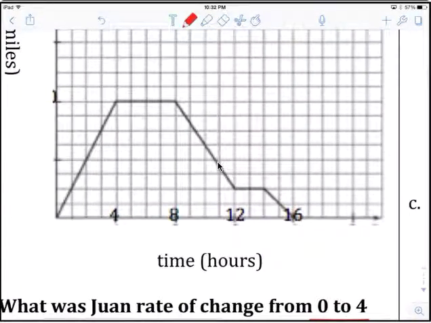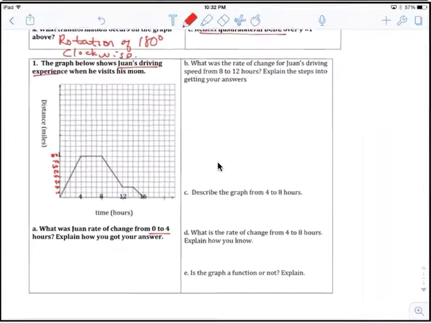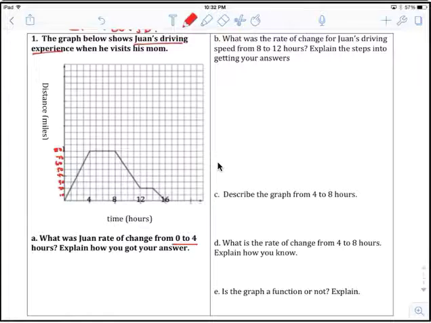Let's go up by tens. 10, 20, 30, 40, 50, 60, 70, 80. Oh, I worded this wrong.